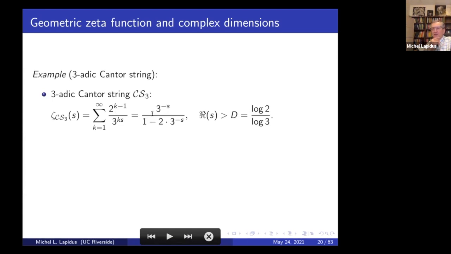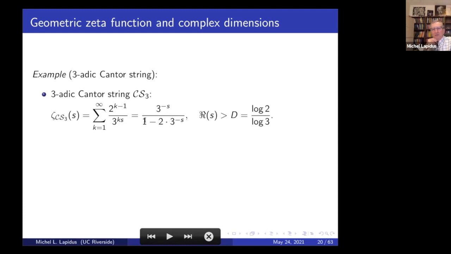You can see very easily that the best real number s for which this converges is exactly log 2 over log 3. Now, since we know from the theorem that I mentioned that D equals the abscissa of convergence, then we know the Minkowski dimension is also log 2 over log 3 in this case.